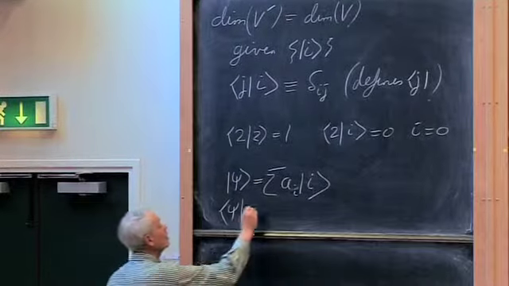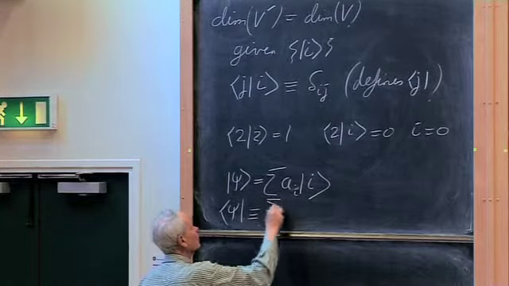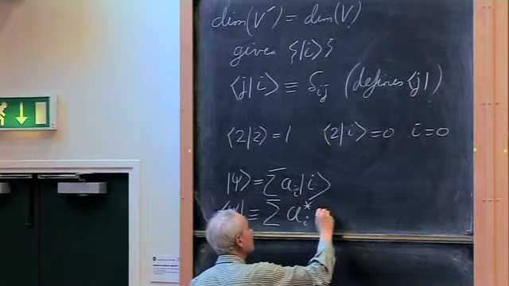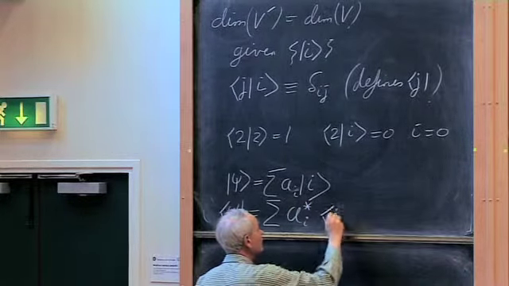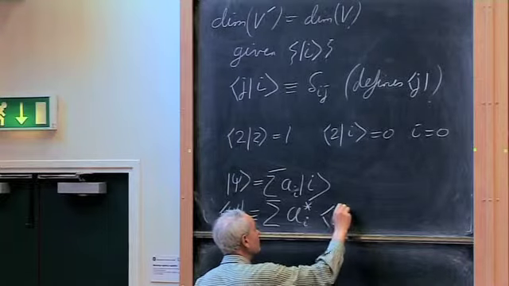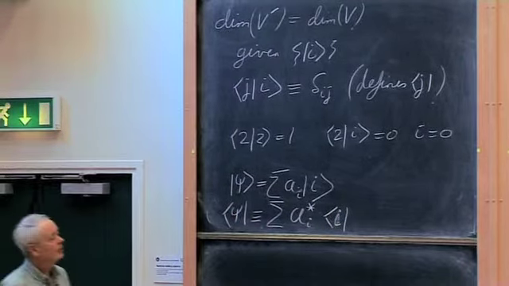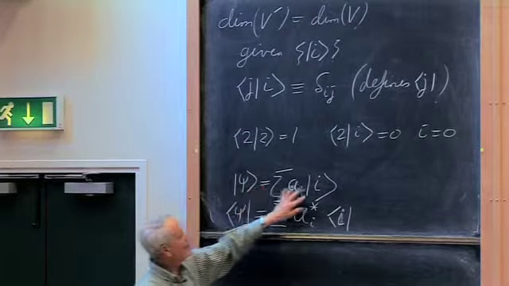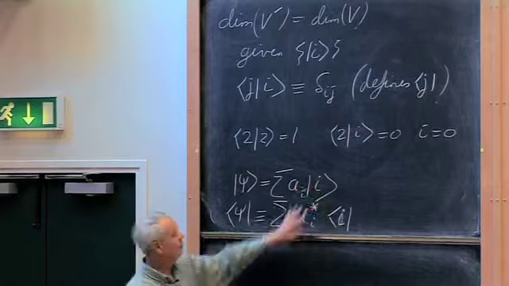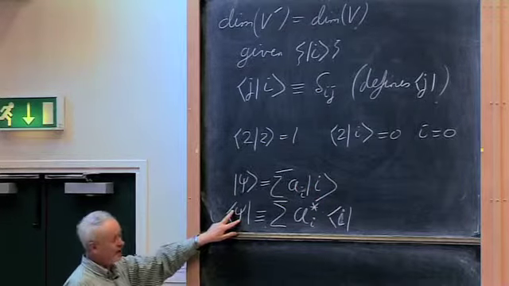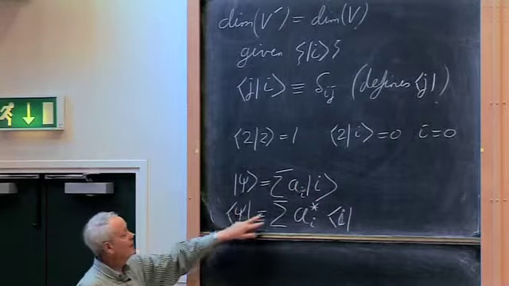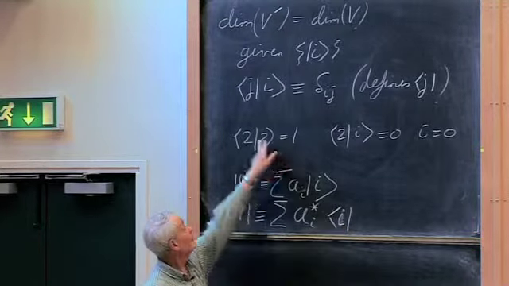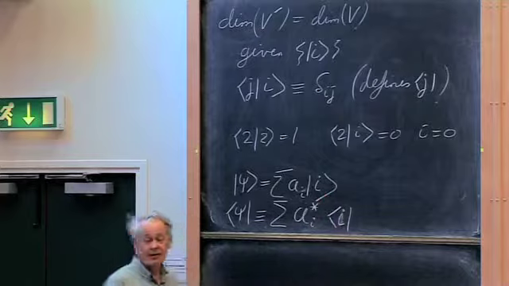And the function in question is defined by this rule, that it's the sum of a_i complex conjugate times the bra <i|. So given that the state of my system is a certain linear combination of the basis states, the function associated with that state is a certain linear combination of the functions which are associated with the basis states.